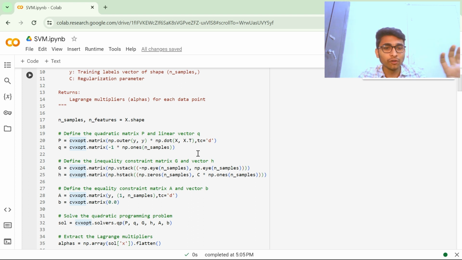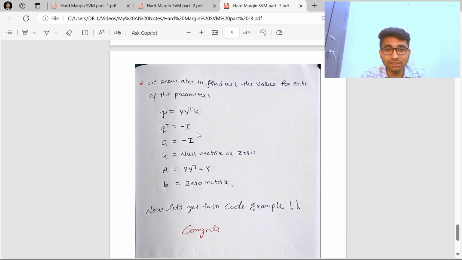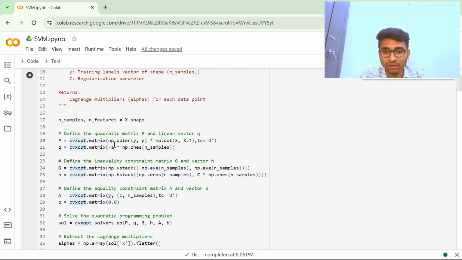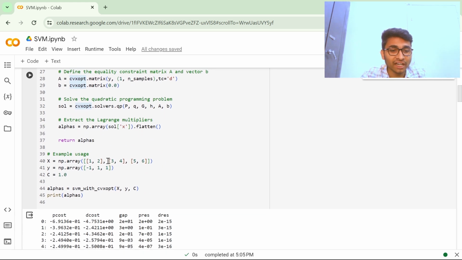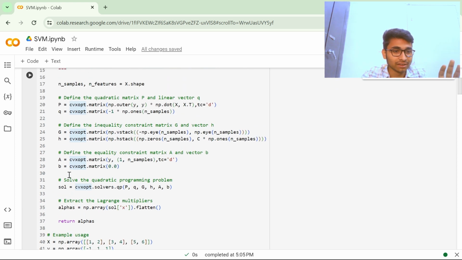If you want to understand anything, see why Q is defined like this. Q is minus I, and they define that as minus 1 into np.ones. I took small samples, only three data points, whose labels are minus 1, 1, 1, and C is a parameter that we have defined.